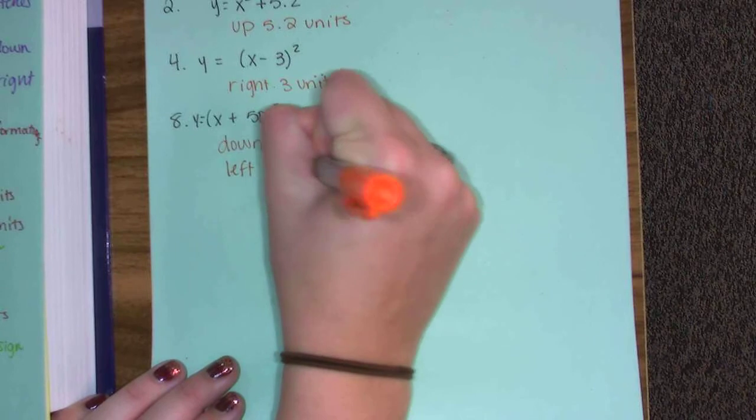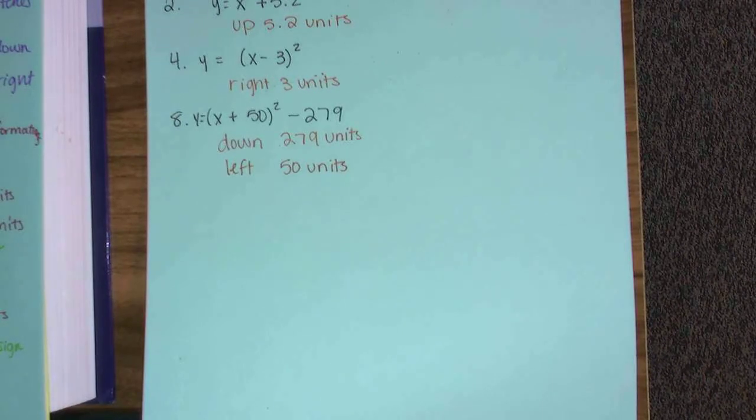Also, if you don't write units, I'm not going to take off. We just technically don't know what the units are, so that's how we usually say it. But if you just say down 279, left 50, I'm not going to take off or anything. Sometimes I do that just for ease.